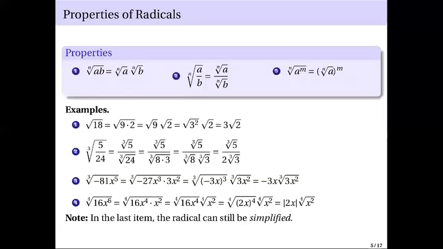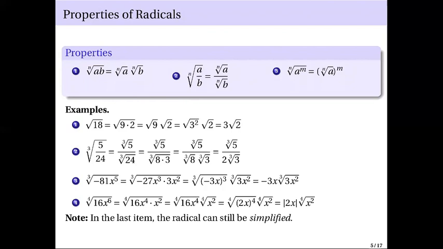Now, I mentioned earlier that this guy here is almost simplified. The denominator has a radical, and to simplify this further, we don't want any radicals in the denominator.